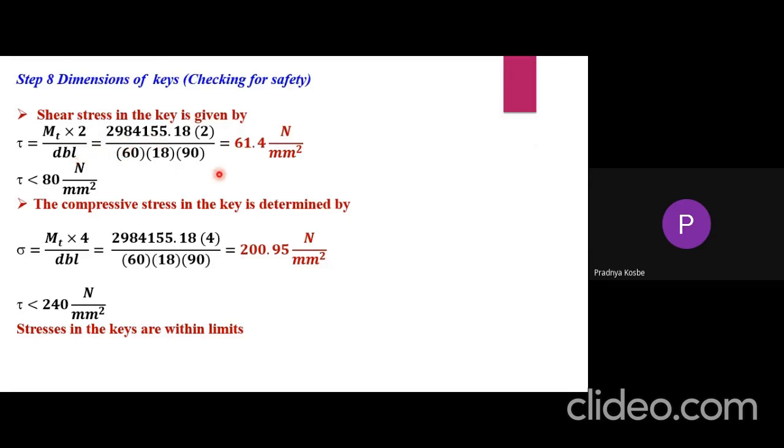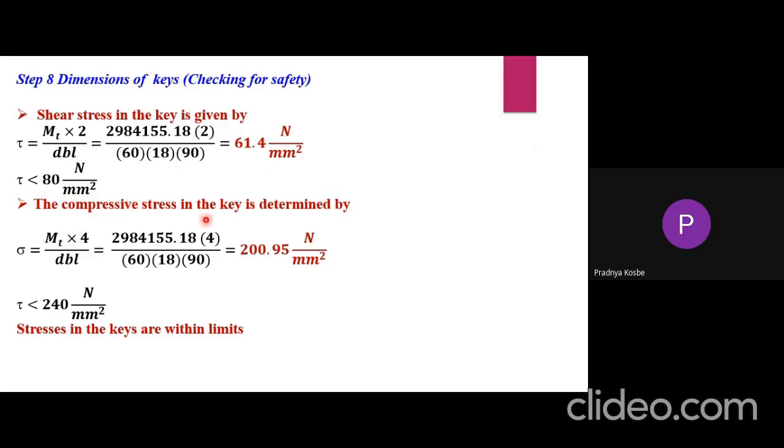Put the values and we'll get 61.4 Newton per mm square shear stress developed in the key, and that is less than permissible shear stress in the key. Already we have calculated permissible shear stress in the key is 80 Newton per mm square. This 61.4 is less than 80 Newton per mm square, and so it is within limit.